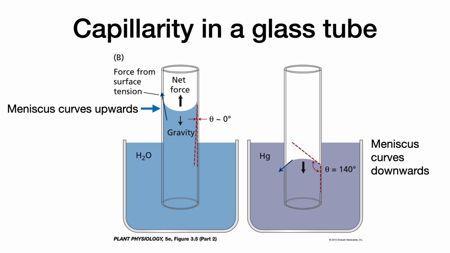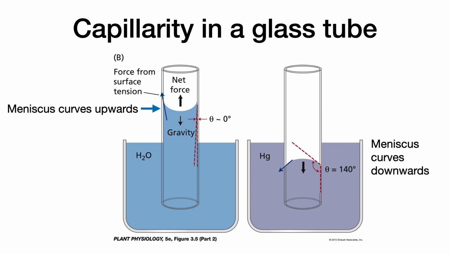Gravity pushes the center molecules down further than the ones on the edge because of the strong adhesive forces in the water molecule. And at equilibrium, this water column is formed higher than the level of the water in the beaker.